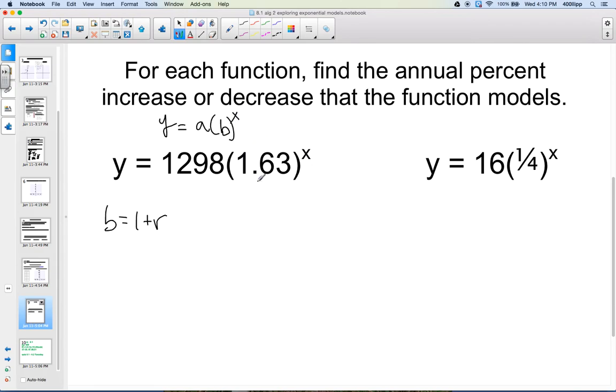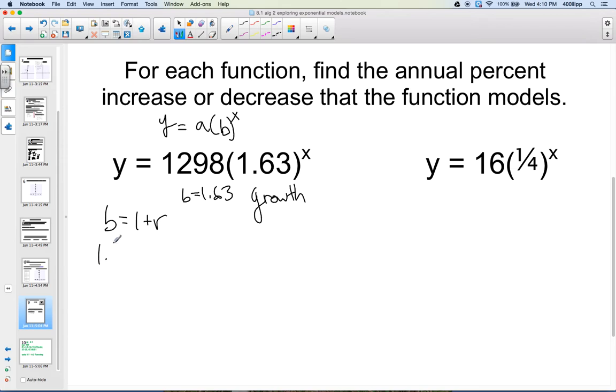So we know that b is 1.63, which is already telling us that this is an exponential growth because b is greater than 1. So since this is an exponential growth, you know that your rate is going to be a positive because it's increasing, hence the growth, exponential growth.